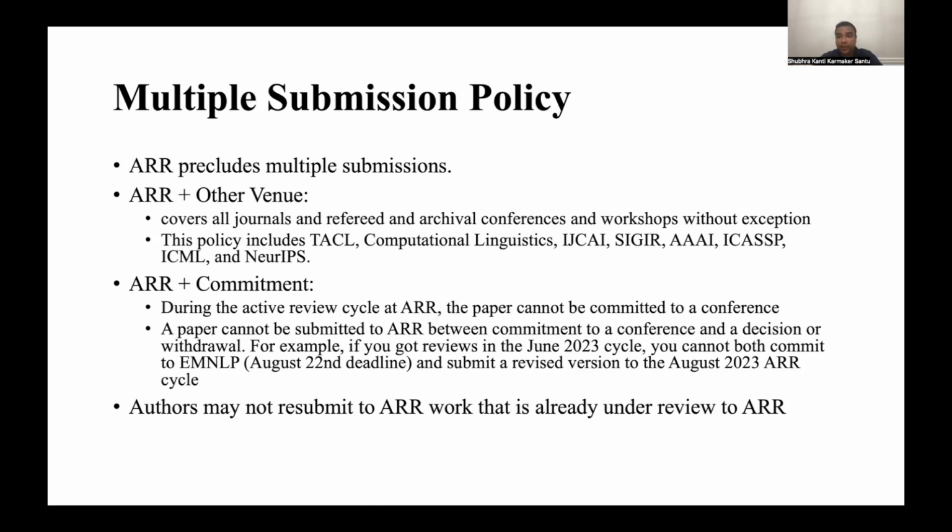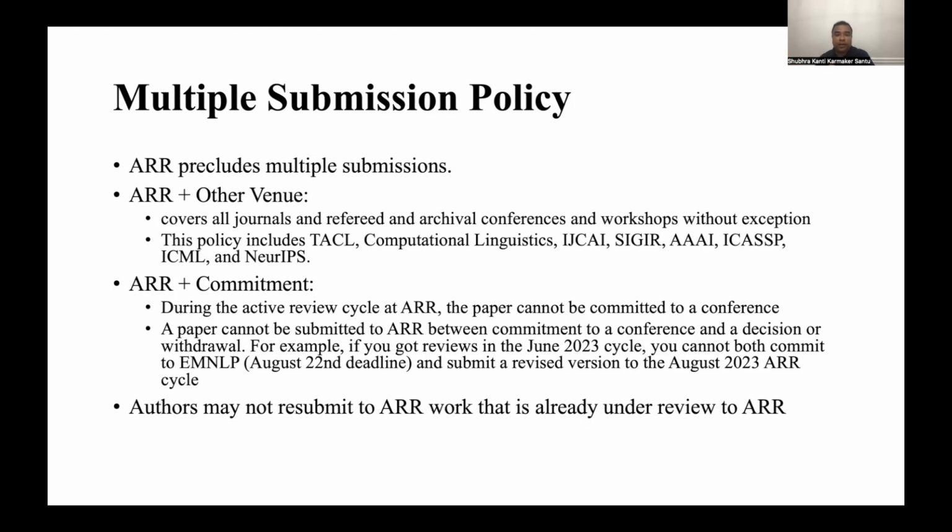In terms of ARR plus other venues, the standard rule covers all the journals and the refereed and archival conferences and workshops without exceptions. So including TACL, Computational Linguistics, SIGIR, AAAI. If your paper is in submission in any of these venues, you cannot submit to ARR.